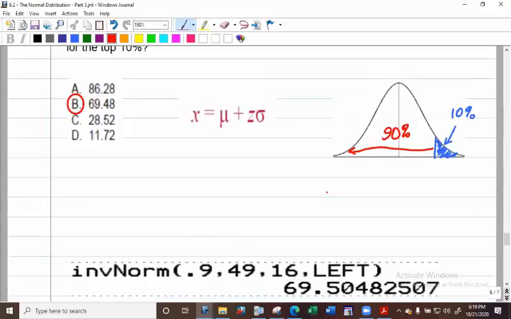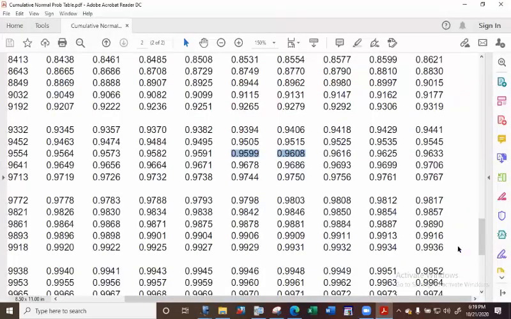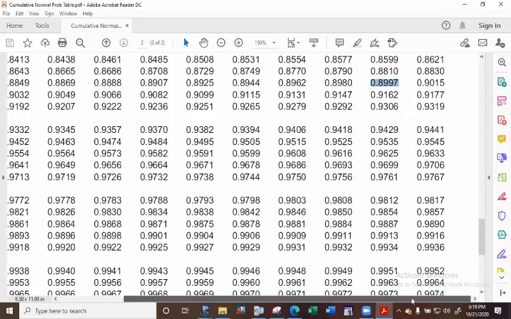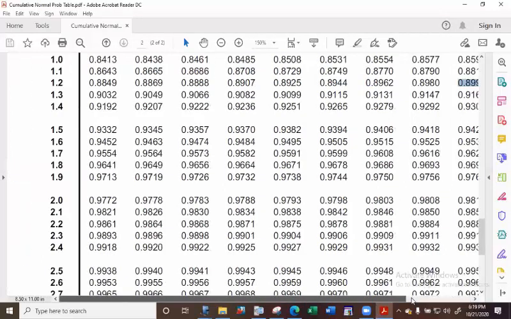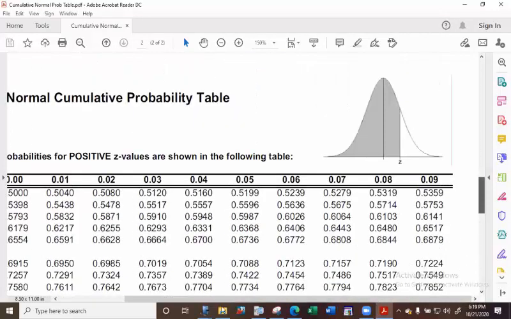I'll do it real quick, at least I'll set it up. The 90th percentile value between these two, it's closer to .8997. I'll check that chat comment here in just a second. 1.28.